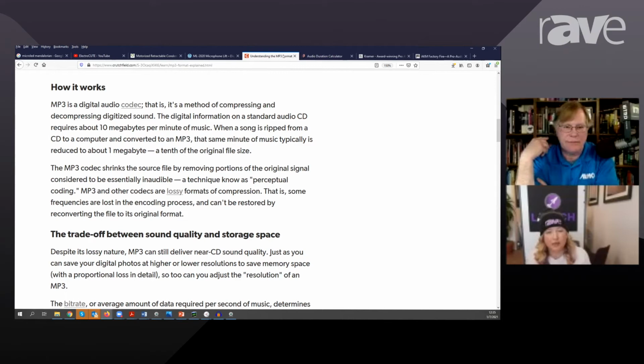Got it. Is MP3 the compressed version? Yes. Well, depending on your setting, you could do MP3 uncompressed. But nobody ever did. And how did MP3 typically sound? Not that great, right?